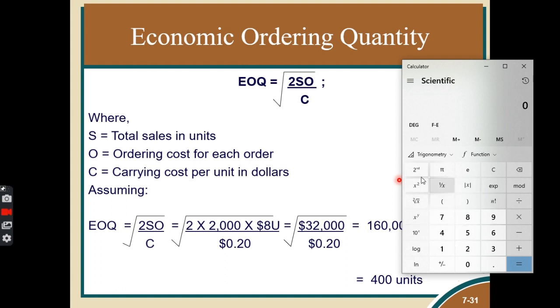Where is that function? Okay, so if we're going to get the square root of 160,000, you will actually get, sorry, that's wrong.